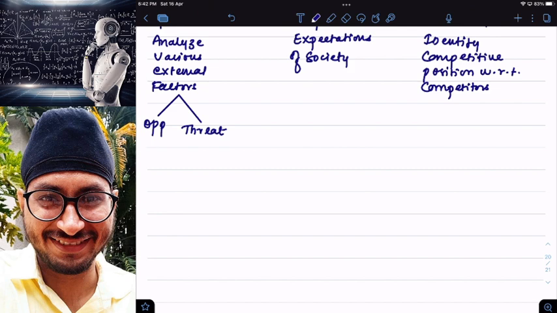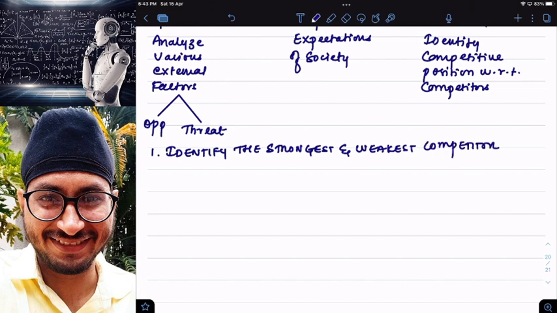The first factor I need to analyze is strategic groups. Here, what should I do, sir? I should identify the strongest and weakest competitor.